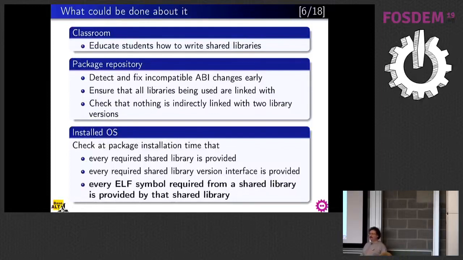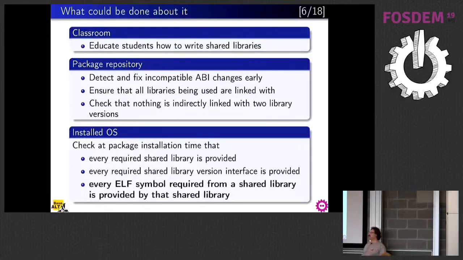So the repository defense line is not enough, and we have to implement probably the last line of defense in every installation. When the dependency solver works, it should at least ensure that every library that is required is provided by something, and every library interface is provided.